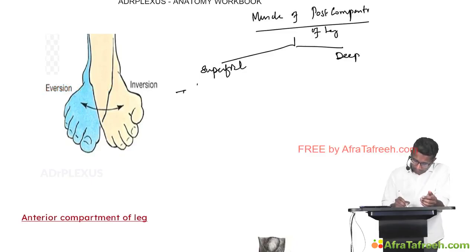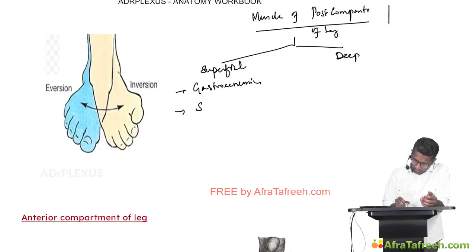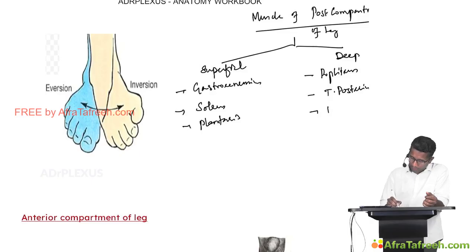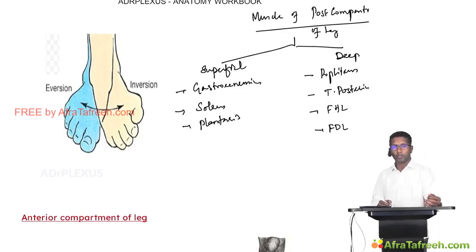We have seen gastrocnemius, 2 heads of gastrocnemius. Next comes the soleus, and next the plantaris muscle. In the deep compartment, you have the popliteus muscle, the tibialis posterior muscle, the flexor hallucis longus muscle, and the flexor digitorum longus muscle. These are the muscles in the posterior compartment.